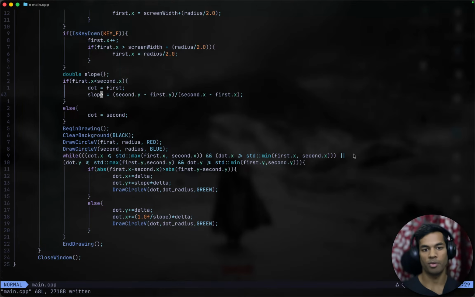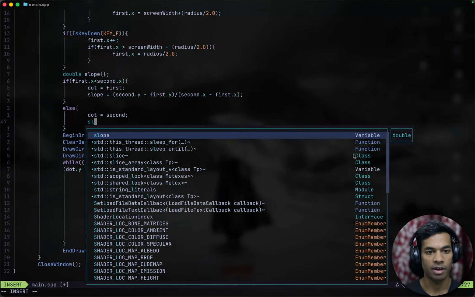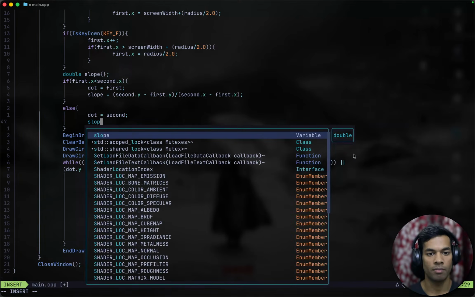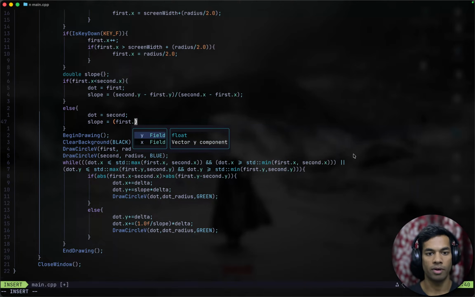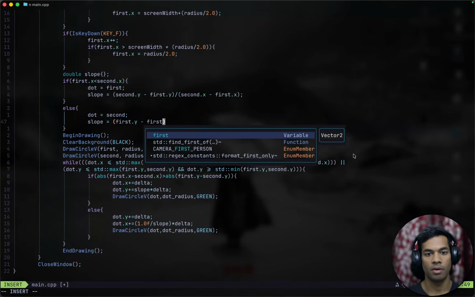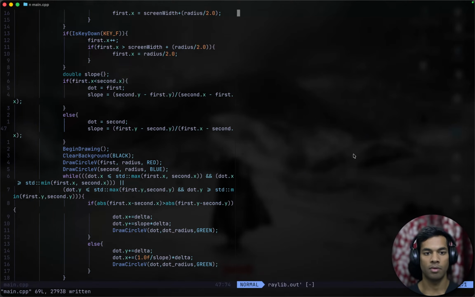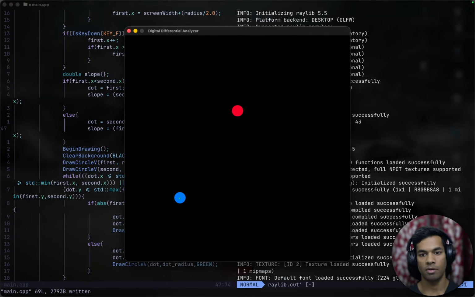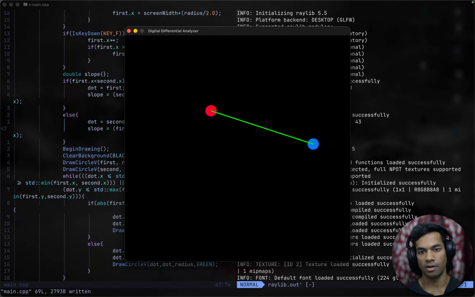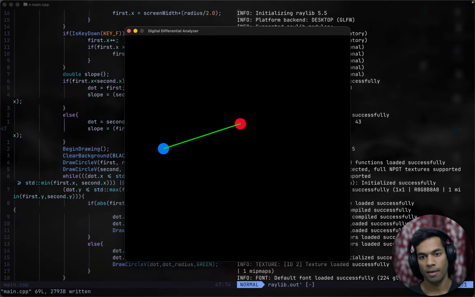If we are starting from the first point, and if we are starting from the second point, then slope equals first dot y minus second dot y divided by first dot x minus second dot x, like this. Okay, the same. We still have the same problem. We still have the same problem.